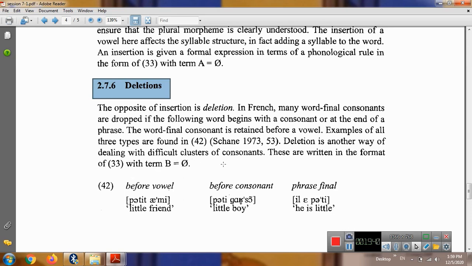These are written in the format in this way. For deletion, we use these symbols. For example, we have B, which is a sound, and it becomes deleted. It is the rule of deletion.